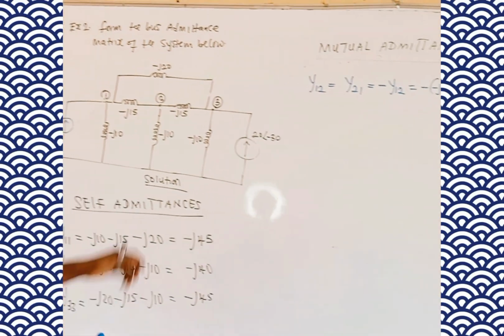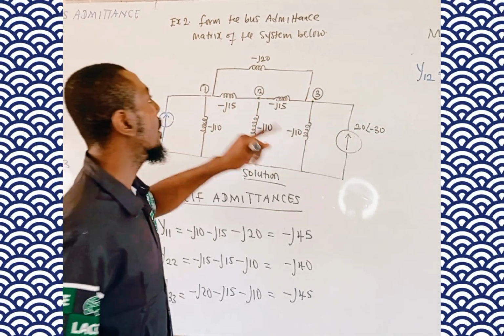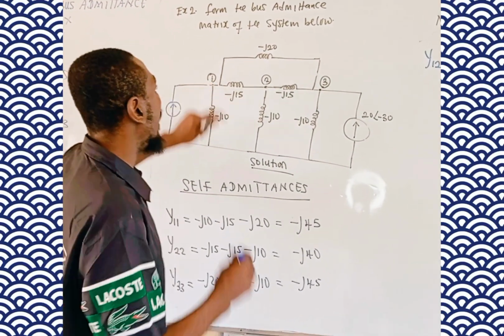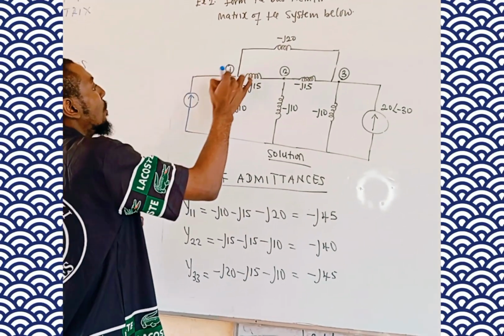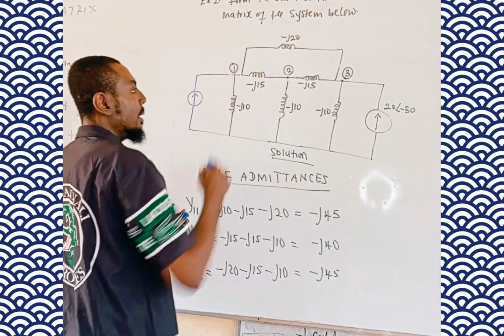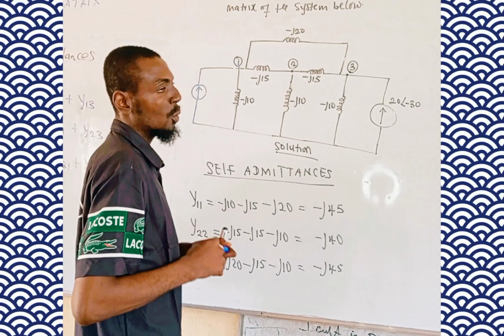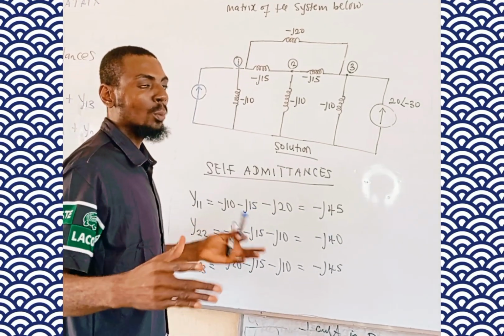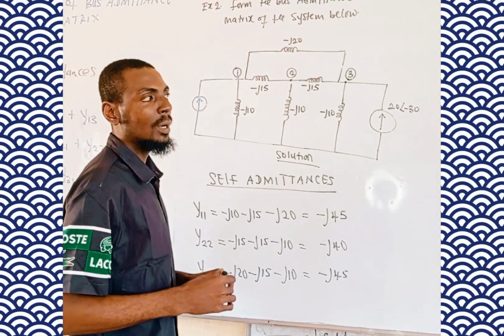Then another mutual admittance is 1, 3. As you can see, bus 1 is connected to bus 3, and the admittance there is J20. The admittance between two buses is called mutual admittance.